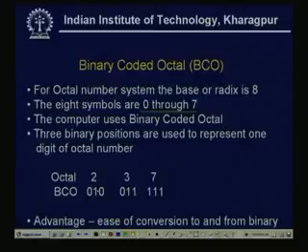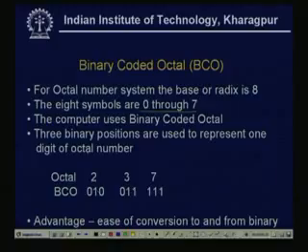How is an octal number converted to binary coded octal? 3 binary positions are used to represent 1 digit of an octal number. Let us take an example: the octal number 23237.